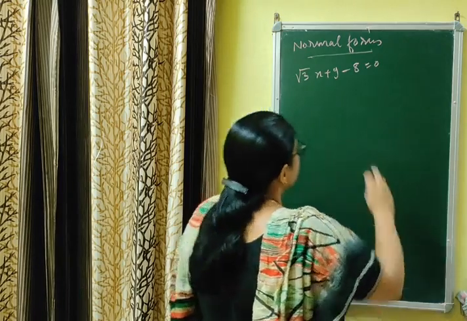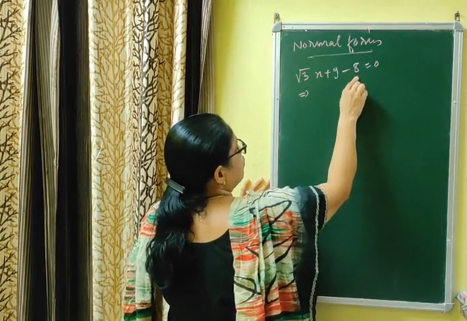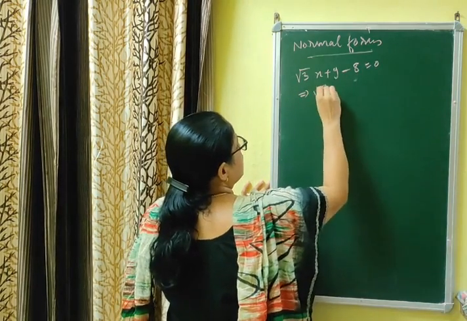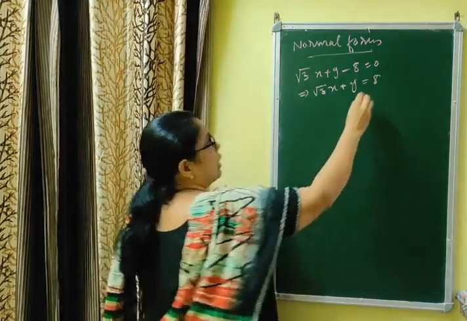First of all, we will transfer this 8, the constant, to the right side, without having the variables on the right side, that is root 3x plus y is equal to 8.